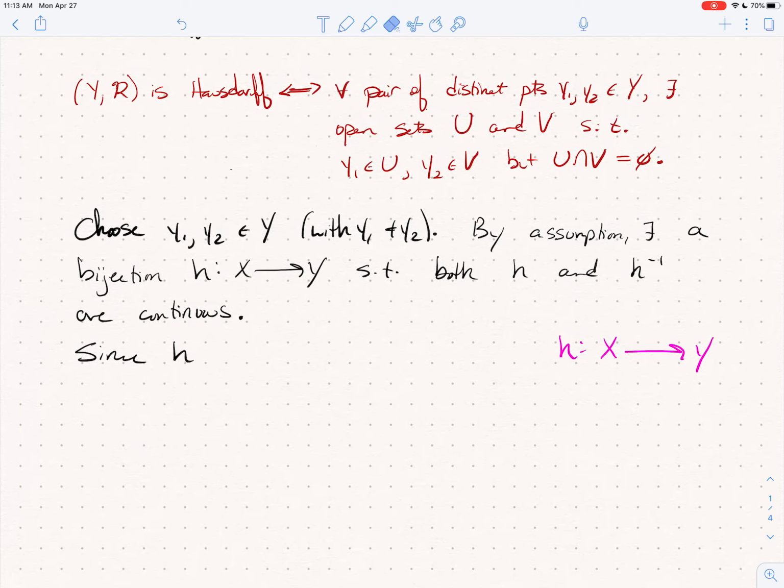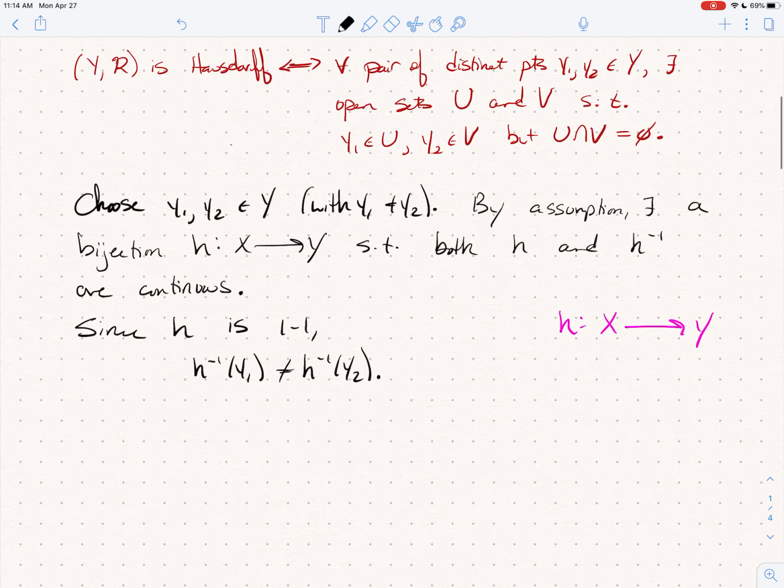Since h is one-to-one, h inverse of y1 can't equal h inverse of y2. And I am saying inverse here, not preimage. But in particular, if you were thinking preimage, when there's a bijection, the preimage of one thing here will be one thing over there. So the preimage and the inverse agree in this case.